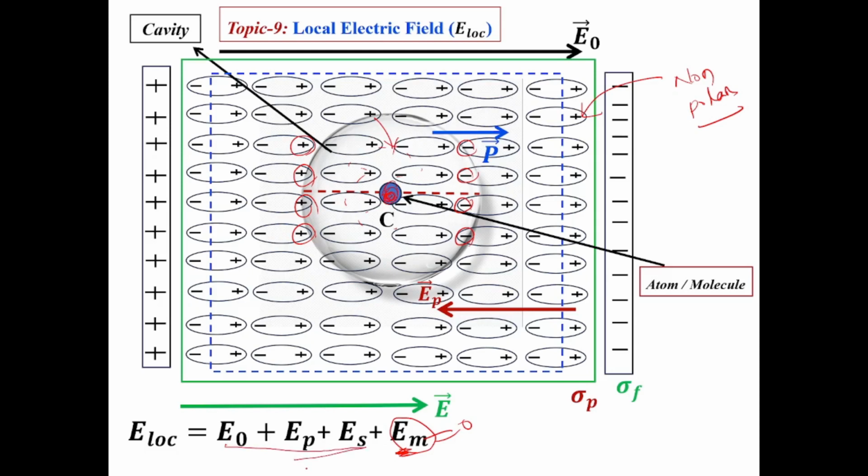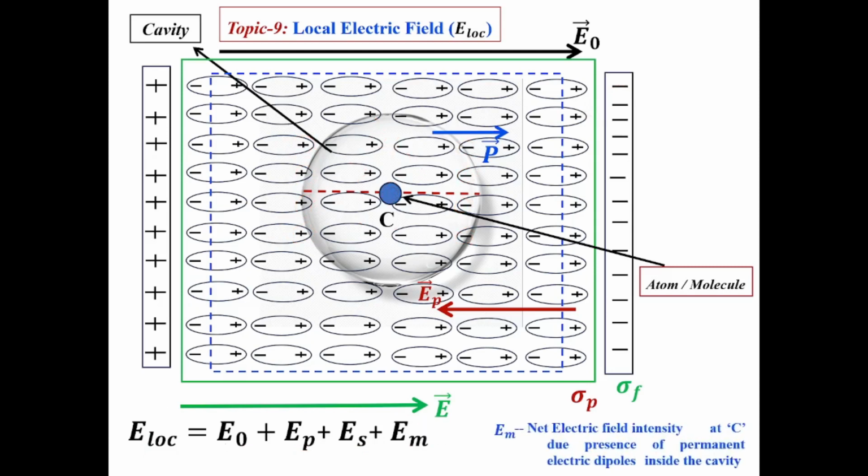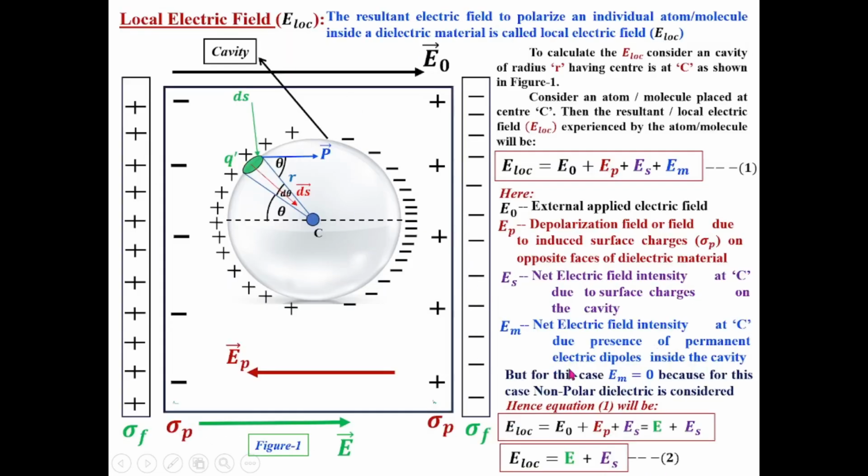Now we are going to calculate mathematically the value of E local. Whatever we have discussed, in short, I have written here. Here I also wrote that EM is the net electric field intensity at C due to the presence of permanent electric dipoles inside the cavity. These things we have already discussed. So from here you have to write down the note.